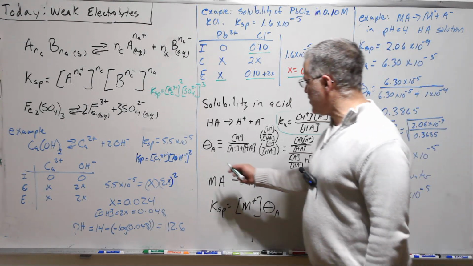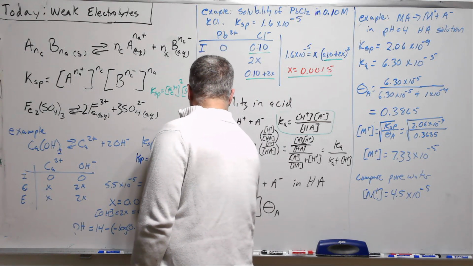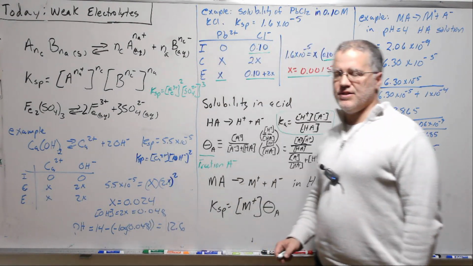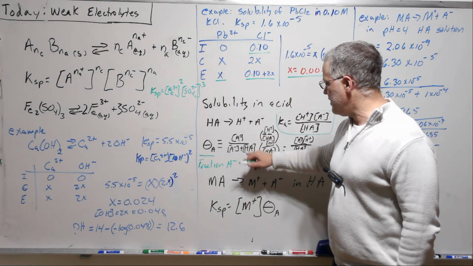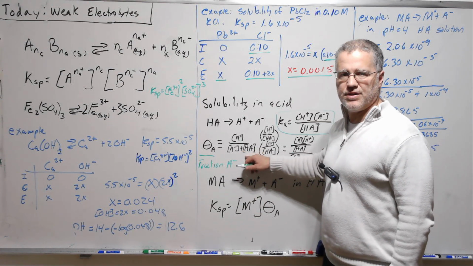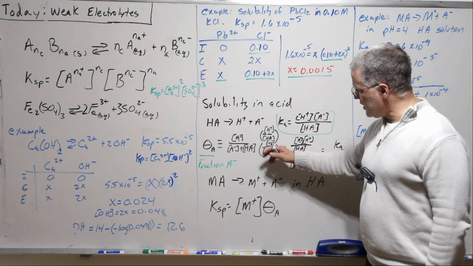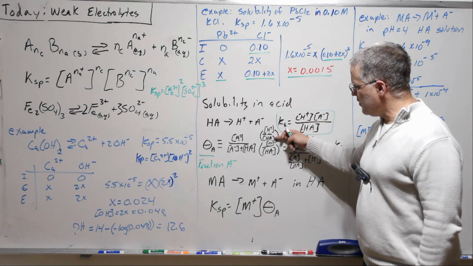We're going to write the fraction. This is the fraction of anion in solution. So that's defined to be the free anion over the free anion plus that bound with a proton. Well, we can make a little arrangement here by dividing top and bottom by H plus over HA.